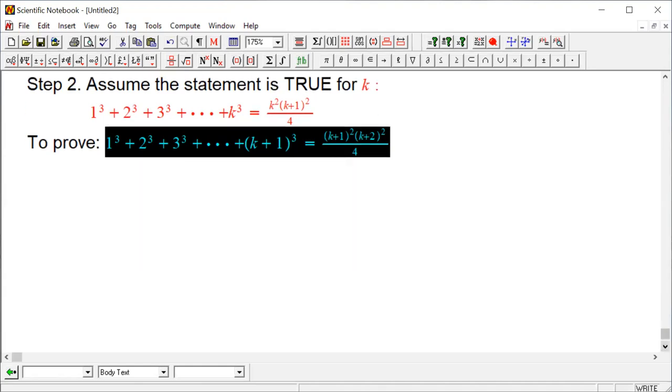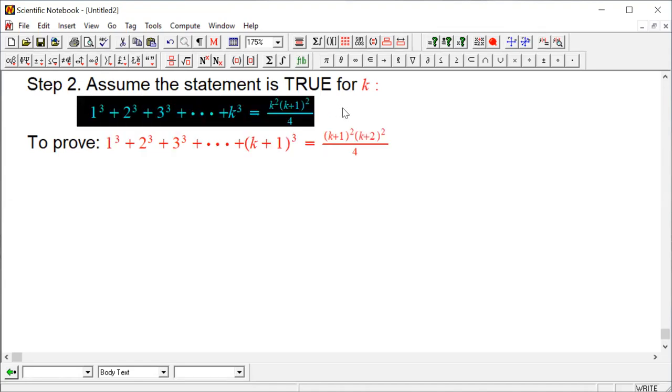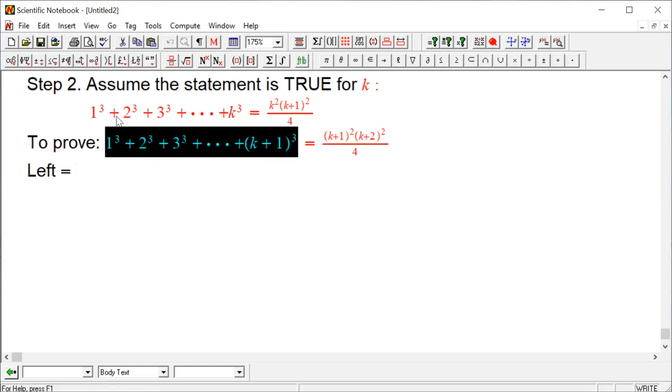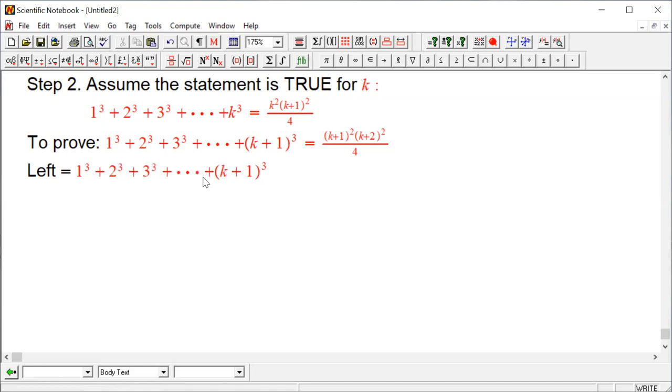So once again, we're going to use the proved case in step 1 and the assumed truth at the beginning of step 2, and we're going to start from the left-hand side. Before (k plus 1) to the power 3 is k to the power 3.